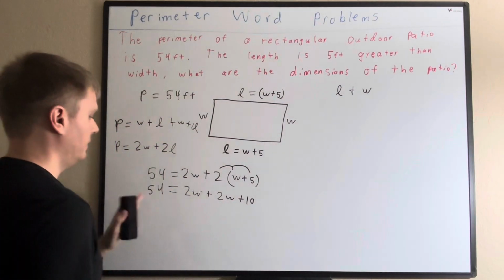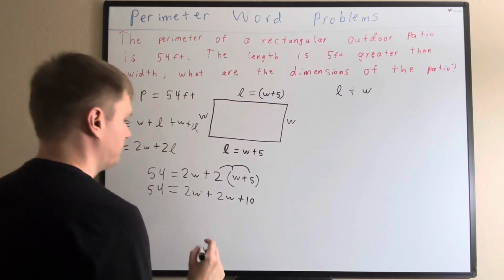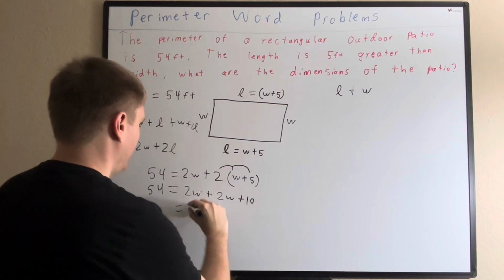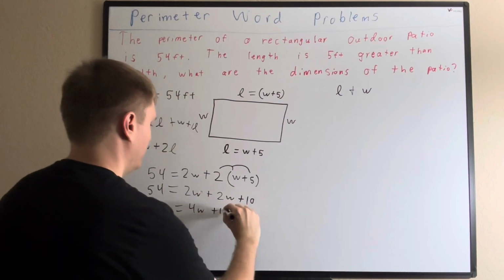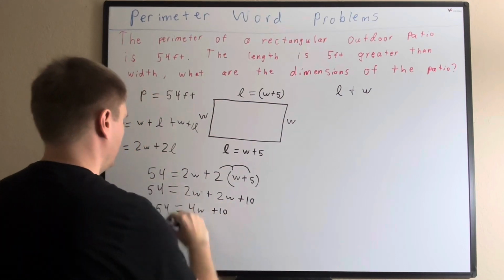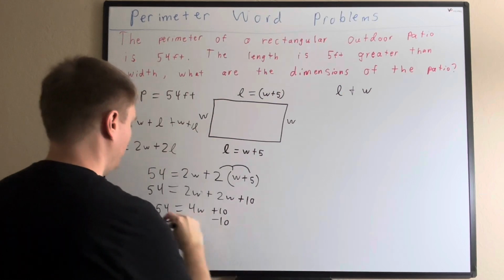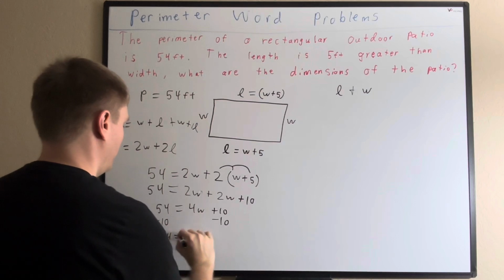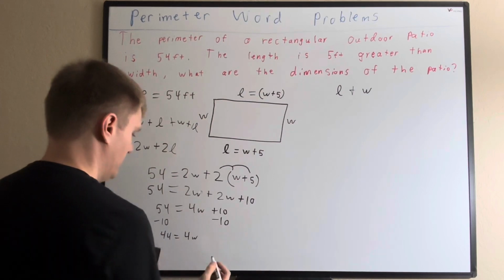Anyway, all that adds together to get 54. So, 2W plus 2W, you can combine that, right? That's 4W. Subtract 10 from both sides. Okay, 44 equals 4W.